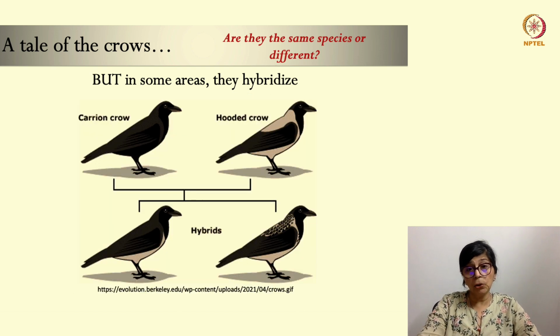So as you can see, it's not only one type of hybrid. There can be multiple different types of hybrid occurring in nature. Whereas these two crows are separated, when they come together, they can still hybridize and produce successful offspring. Right? So then again, it confuses us. What is a species? What are species actually? Right?